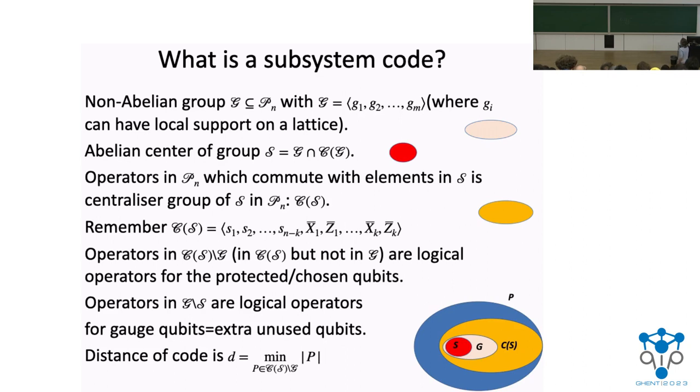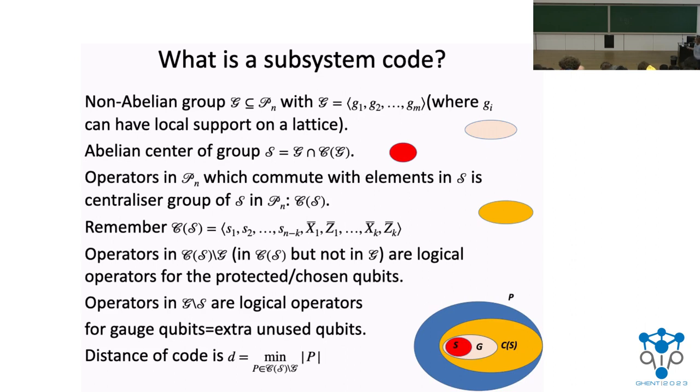That I call the stabilizer. That's in red. Once I have that, I could treat it as a normal stabilizer code, meaning this S, there will be some C of S, that's this yellow thing, and those are the logical operators of my stabilizer code.